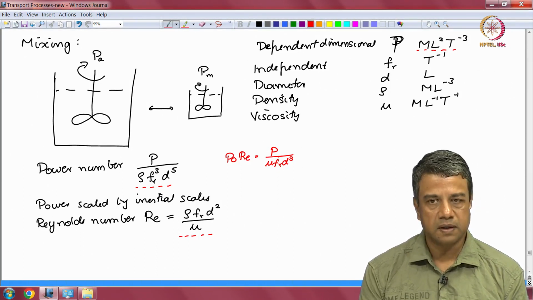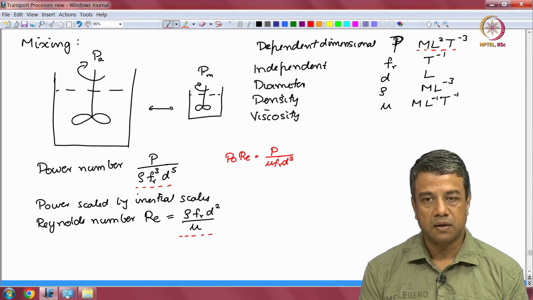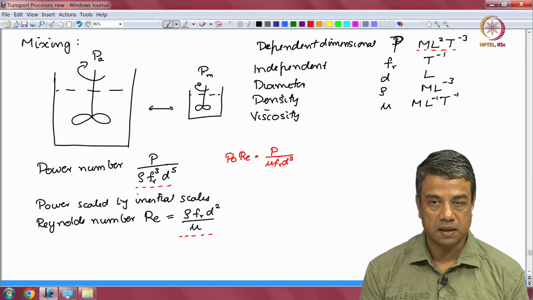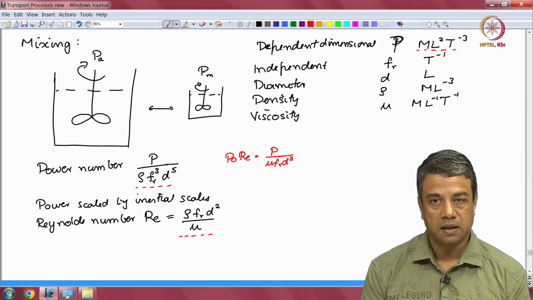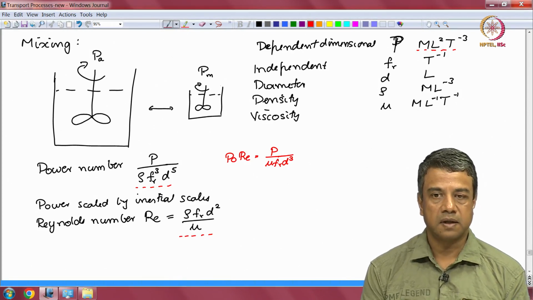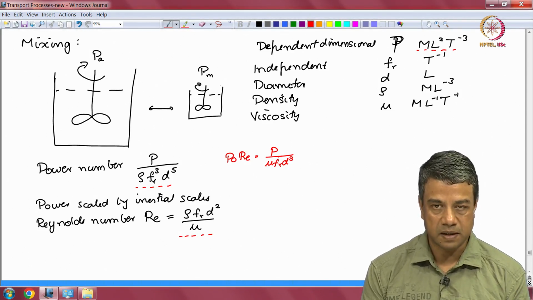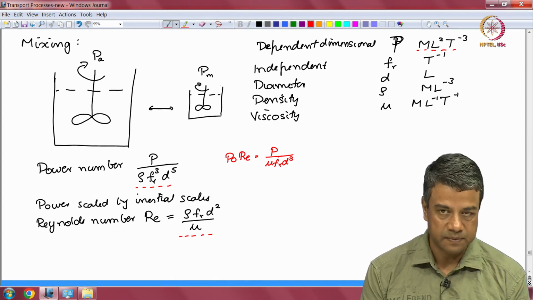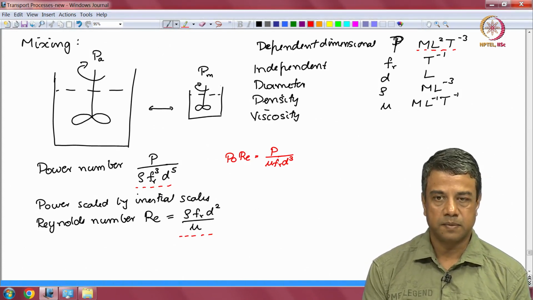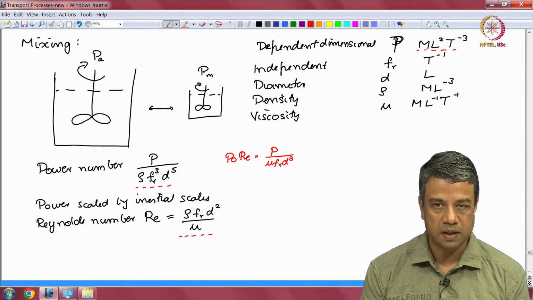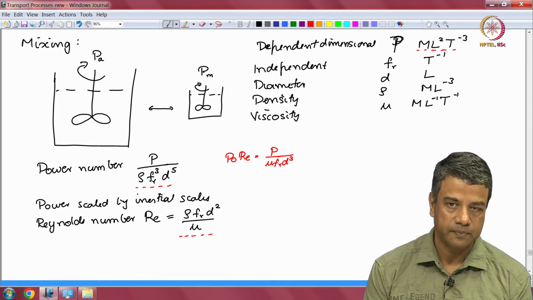In this particular case, you do not keep dimensional quantities the same between the scaled and the actual reactor. Dimensional quantities will in general be different for dimensional similarity. What has to be kept constant is the relevant dimensionless groups, between the small reactor and the large reactor.